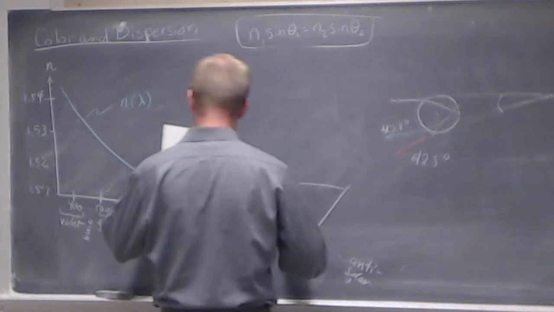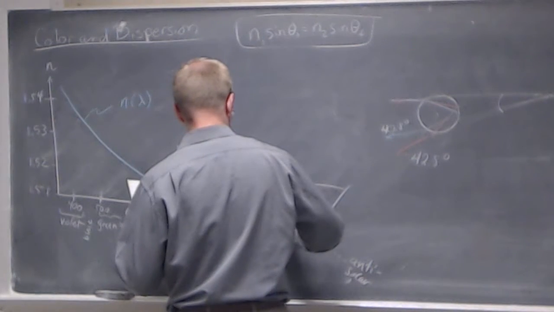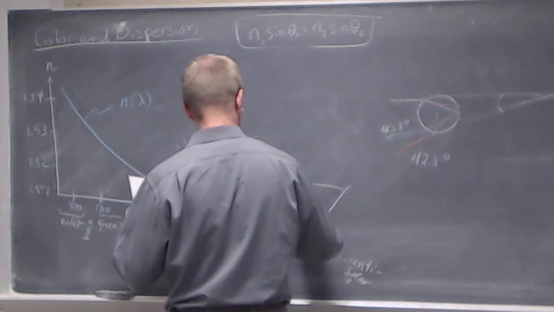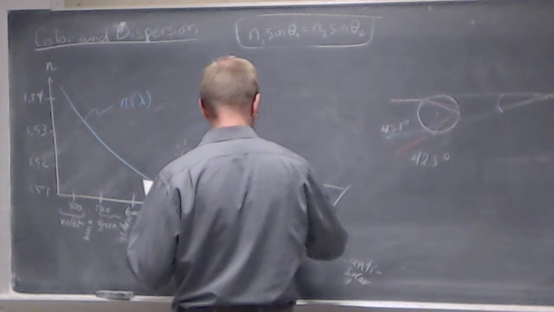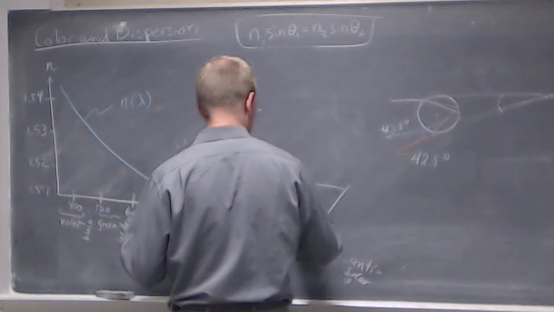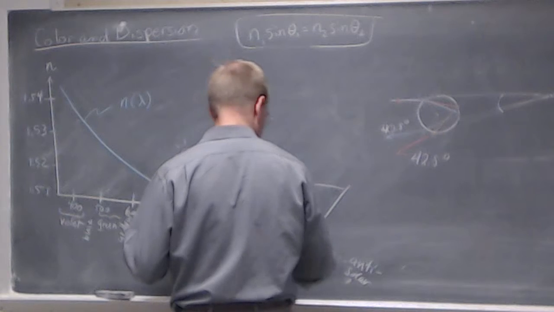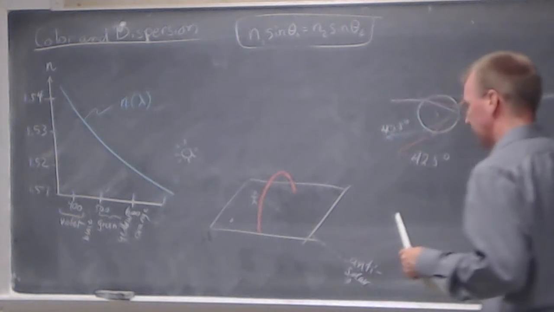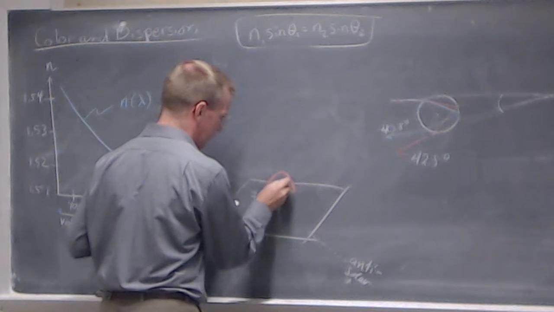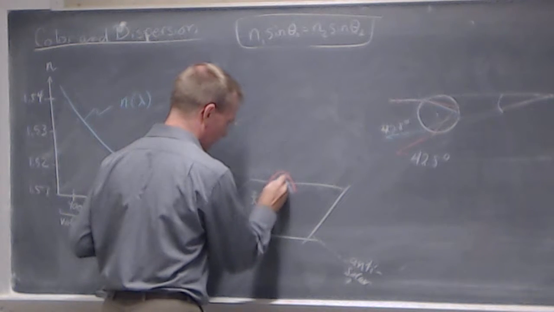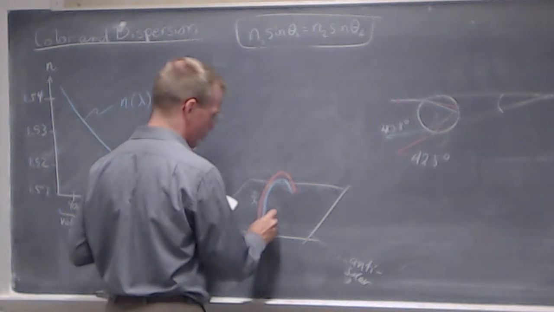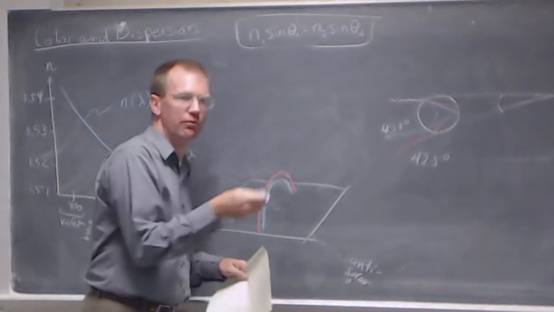So what we see is a red bow here, like that. And then inside that, you'll see the blue light, or the violet, but I'm just coloring these two colors because they've got chalk. And then you've got all the other colors in between there.